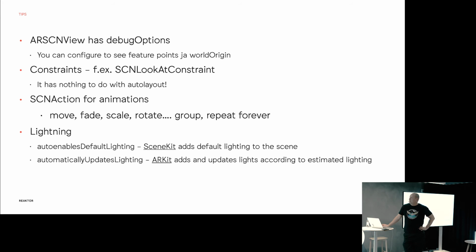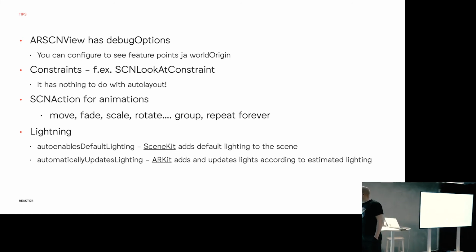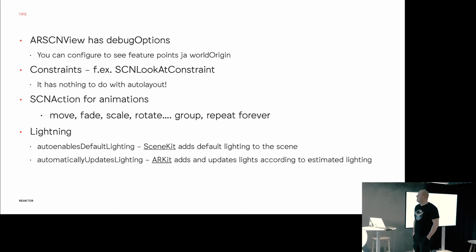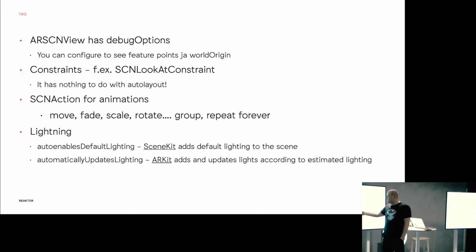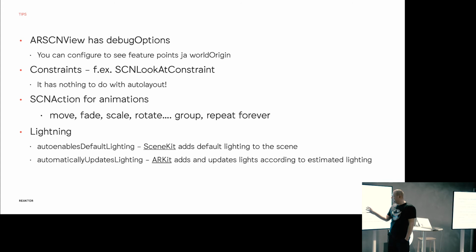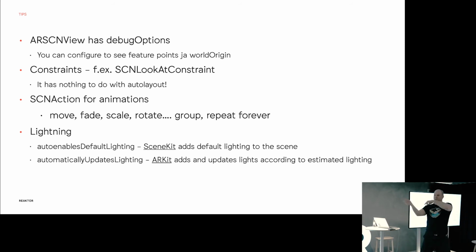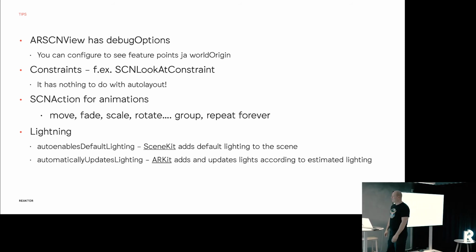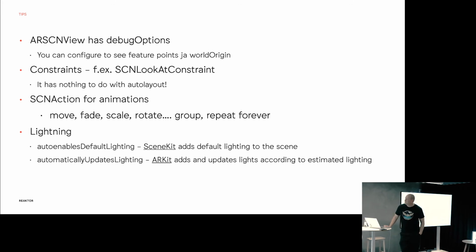And then another neat SceneKit feature is SCN actions, which are for animations. I messed up this point, so that needs to be upward. If you want to move something, fade, scale, rotate, then you can group those animations with groups and repeat stuff forever. So if you want to have your Earth rotate, it's one line of code with these SCN actions.